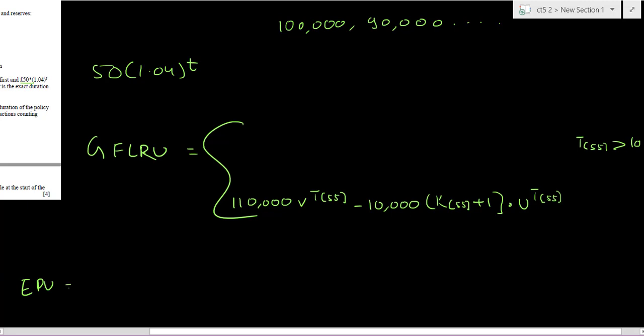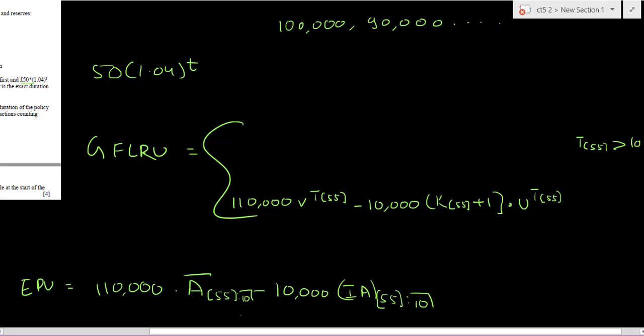The EPV would be calculated as 110,000 into A55 bar, and from that you'll have to deduct 10,000 into IA55. This would be A5510 actually, and this would be IA5510. So that's how you do it. This is very similar to that.